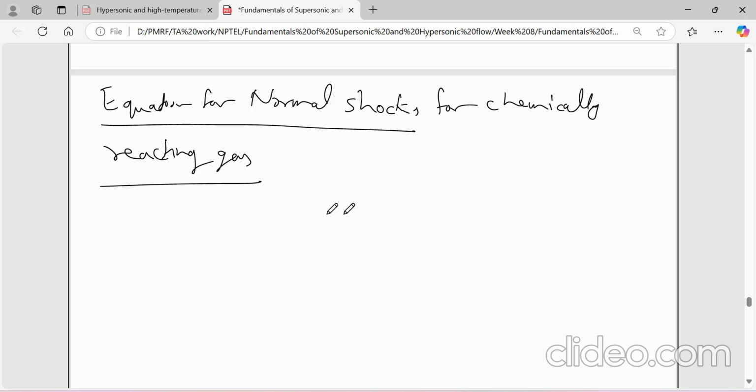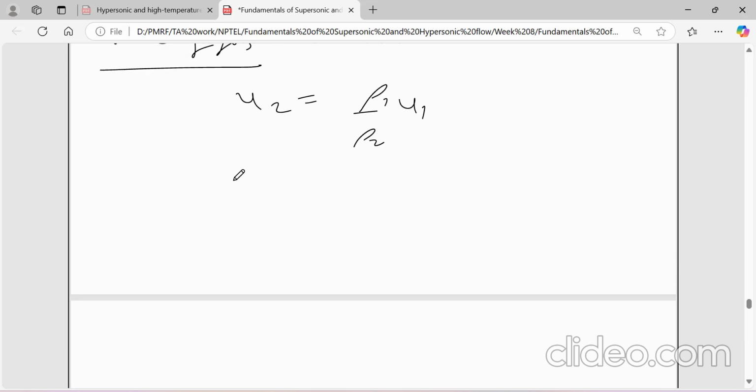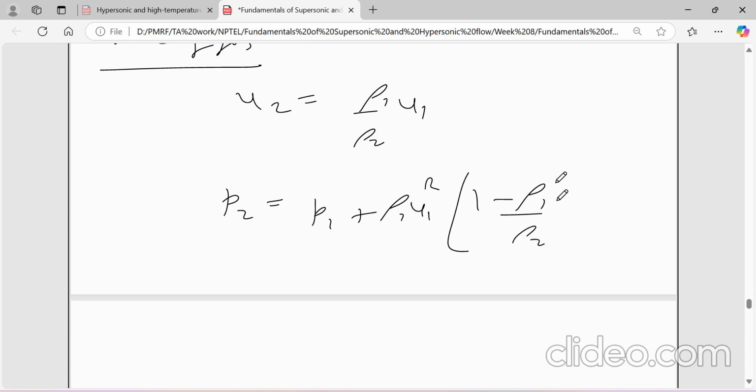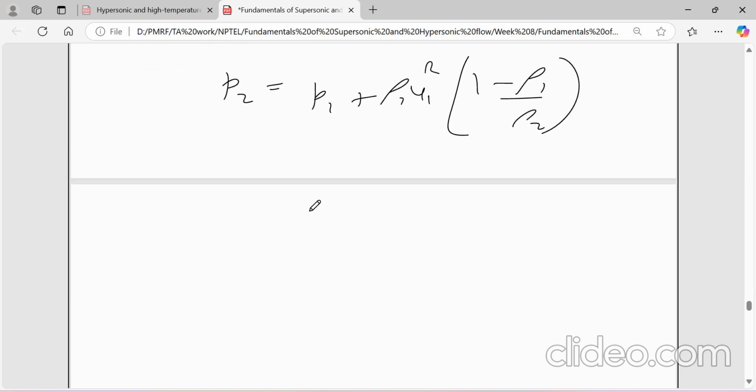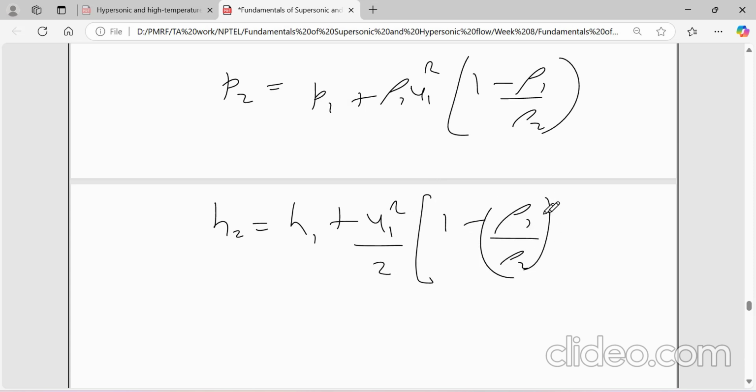So we have seen that before, in the first problem itself, we wrote three equations: u2 equal to rho 1 by rho 2 times u1, first equation; P2 equal to P1 plus rho 1 u1 square times (1 minus rho 1 upon rho 2); and H2 equal to H1 plus u1 square upon 2 times (1 minus rho 1 upon rho 2) whole square.